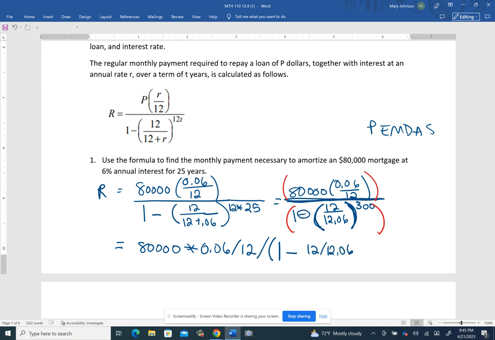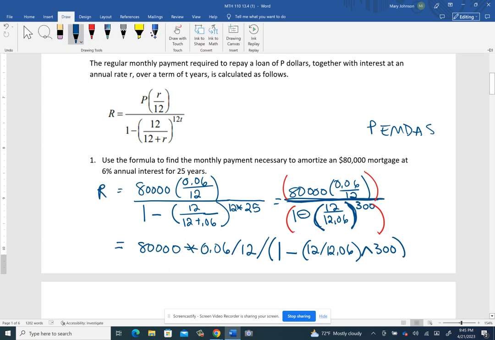And then you also need to be careful about the fact that that needs to be done right there before you raise to the 300 power. Otherwise, you're not really doing what it says. Okay. So just emphasizing, if you're going to do this in one step, you can, but you have to be careful about how you type it and understand the importance of order of operations.